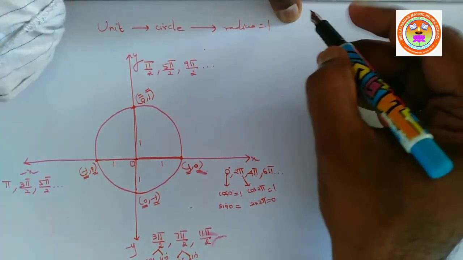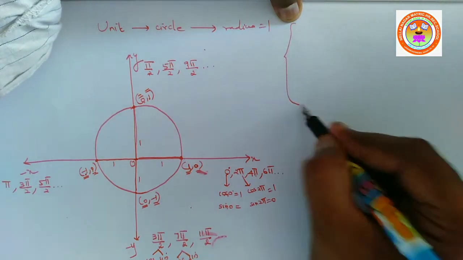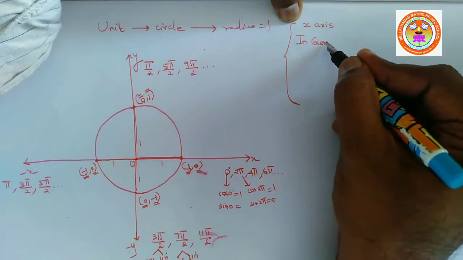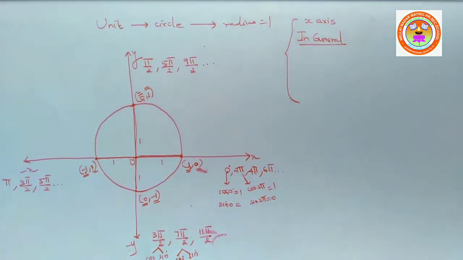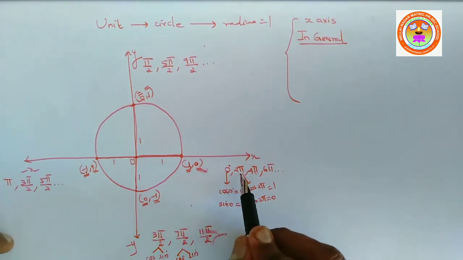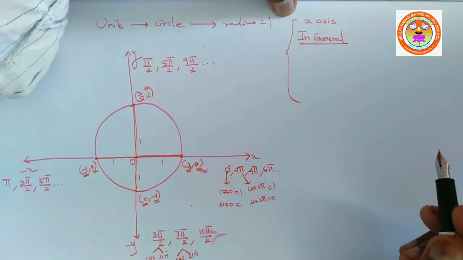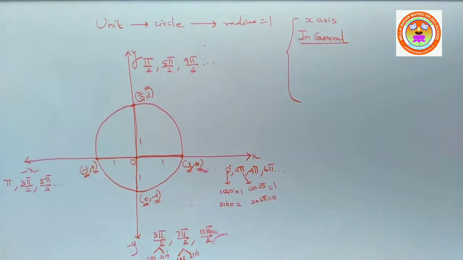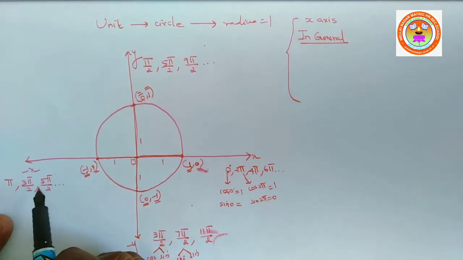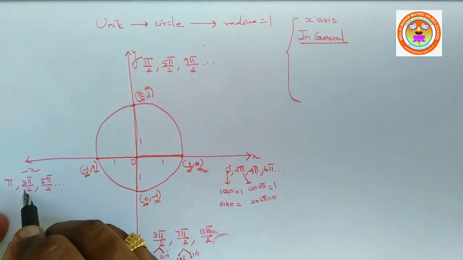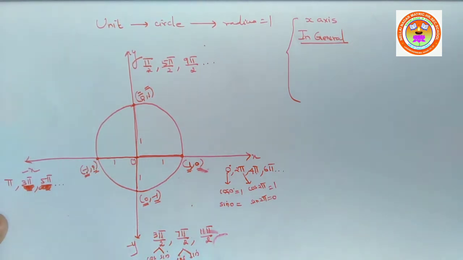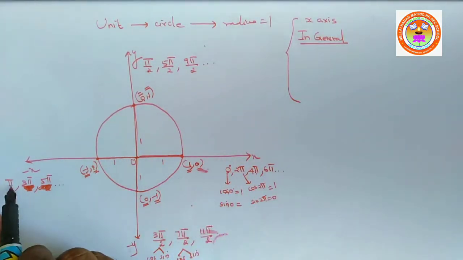So in general, first I am going to choose the x-axis. On the x-axis we have 0, 2 pi, 4 pi, 6 pi, and also pi, 3 pi, 5 pi.